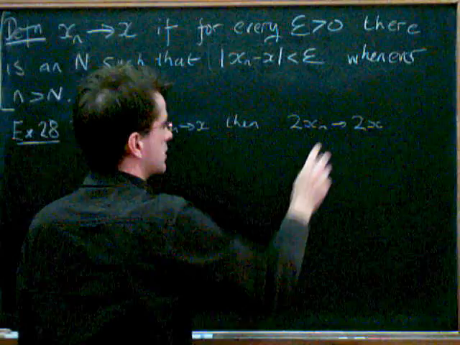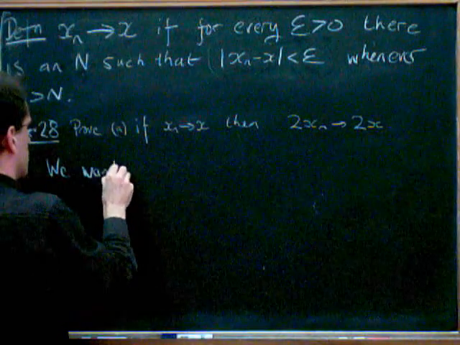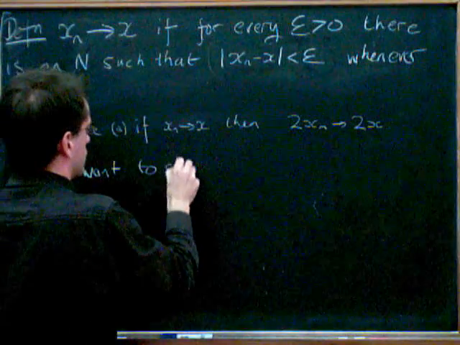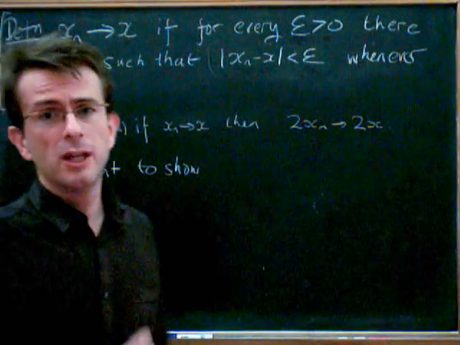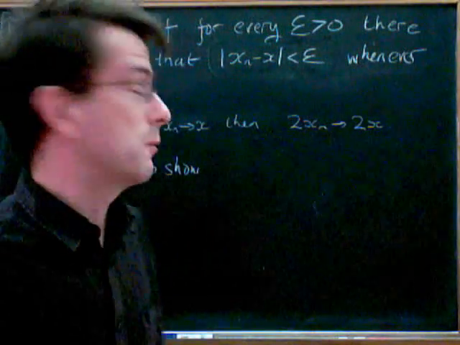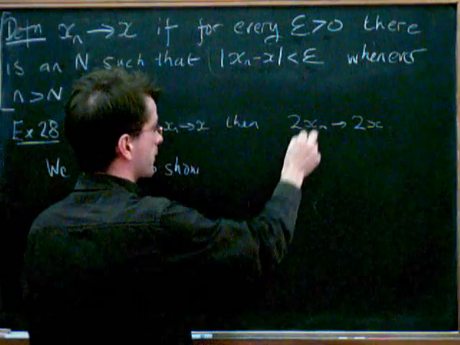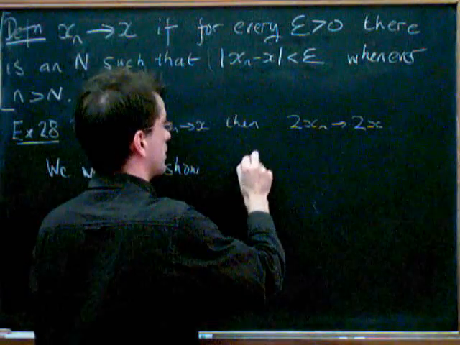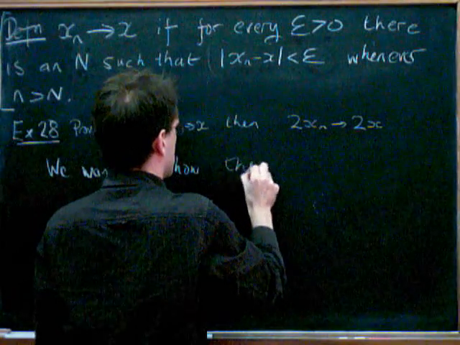Now we want to show something similar. It's always good, before you have a playground, to decide what it is that you actually want to show. We want to show that this is tending to that.